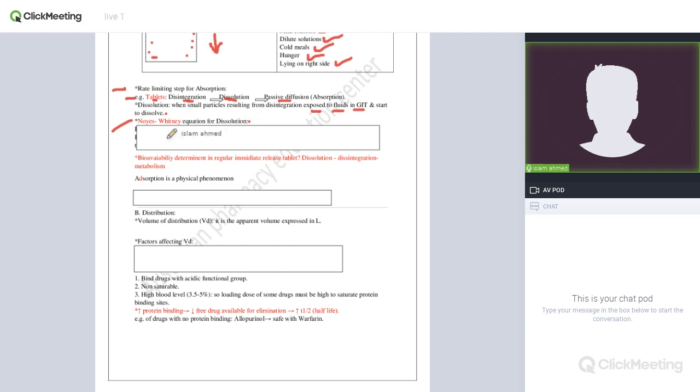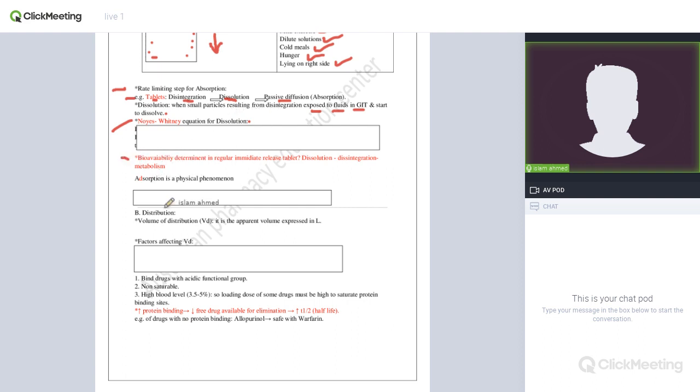That equation reflects the rate at which a drug dissolves from the surface area of the solid mass, followed by diffusion through the layers surrounding the solid particle. So the most important thing here is that the Noyes-Whitney equation describes the process of dissolution.